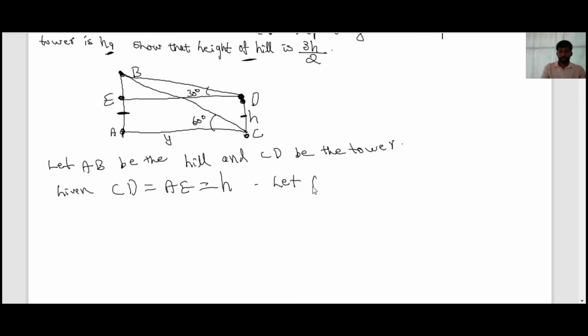Then what's the length of DE? Again, opposite sides of the rectangle are equal, so AC is equal to DE is equal to y. Also let the distance E to B, BE, be equal to x. For our calculation I'm taking BE is equal to x. Then AE is equal to h, opposite sides of the rectangle.